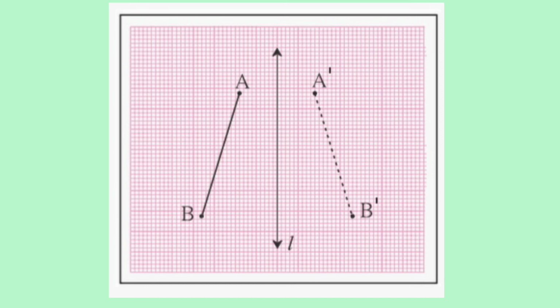The points A dash and B dash are the images of points A and B. The segment A dash B dash is the image of the segment AB. Verify by measuring the lengths of segment AB and segment A dash B dash.